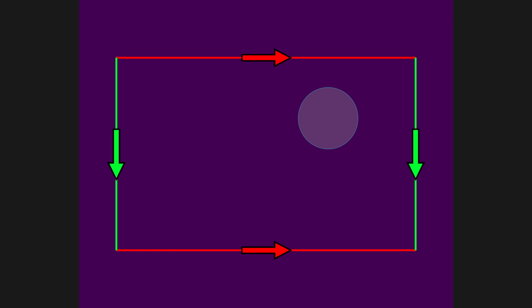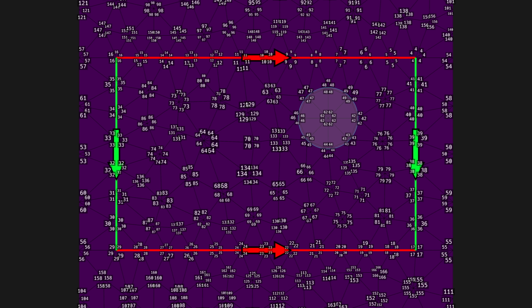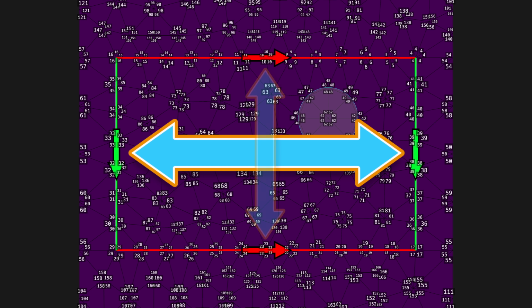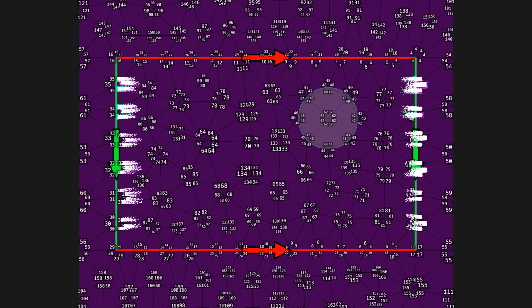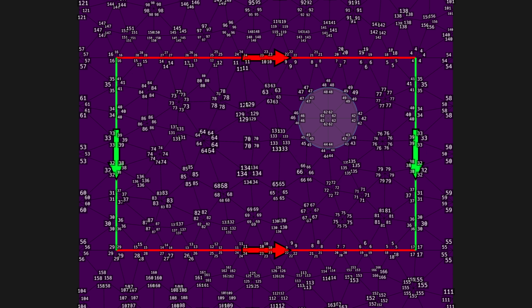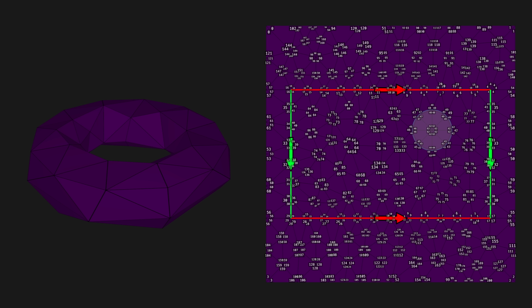In the finite element method, the space structure is defined by triangles and the indices of the unknown values they refer to. So we implemented portals as a change of indices, such that the top triangles reference the same unknowns as the bottom ones, and the right ones point to the left ones. This way, the finite element method will see our space as if it's loop-like on a torus.